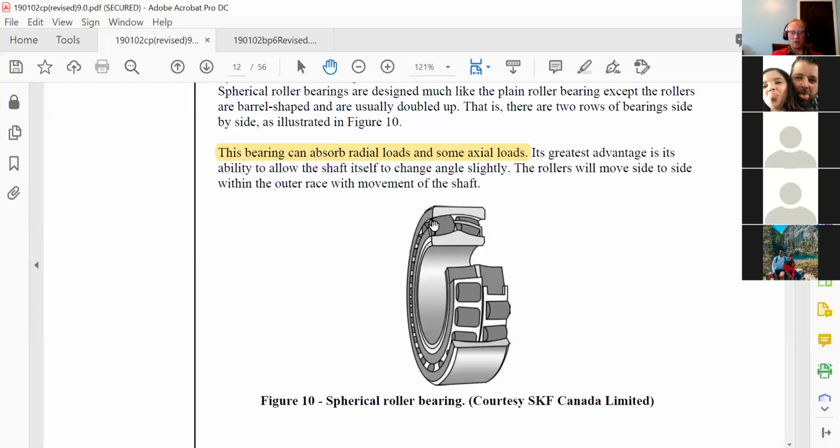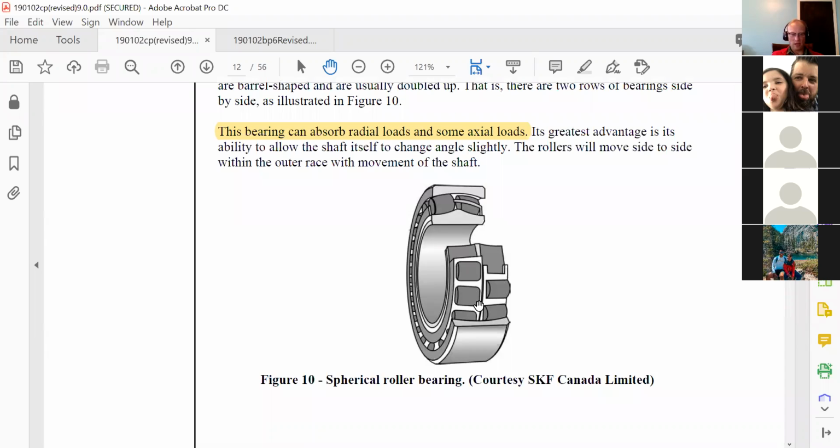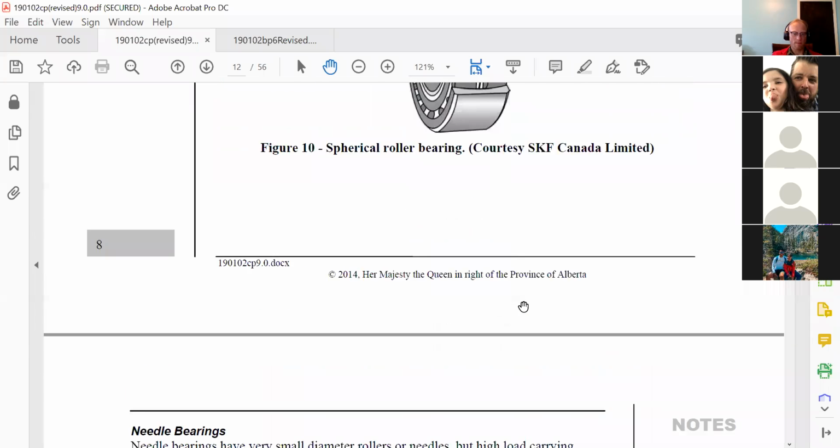The other place where they used these for a while is in the rear axle of pickup trucks to support the axles out of your drive axle. They're fairly specific, and because of their construction, a little bit more expensive. So typically not what we're going to see.